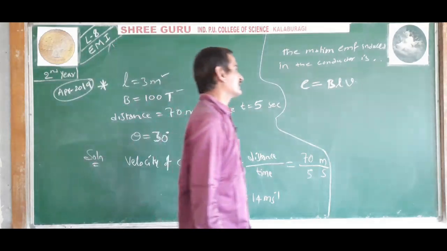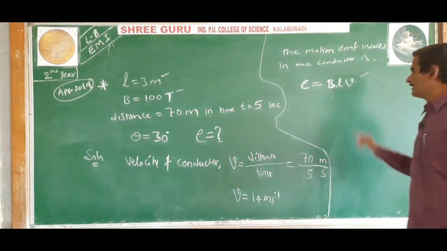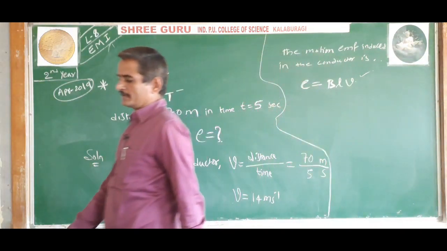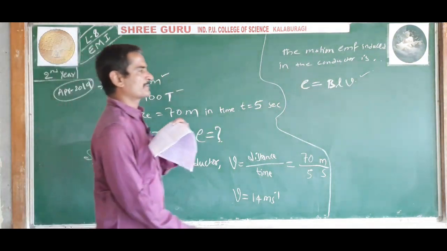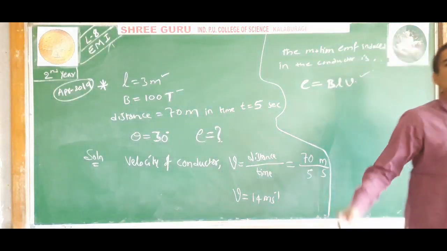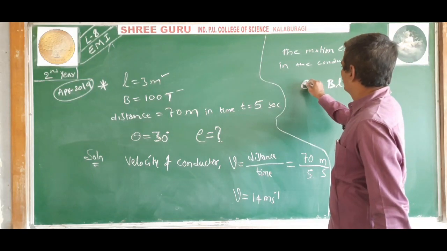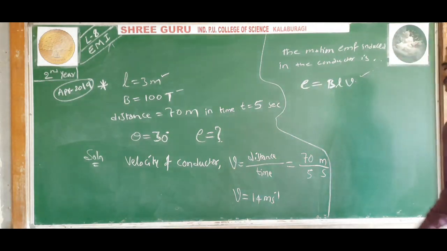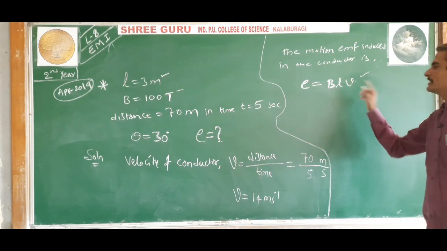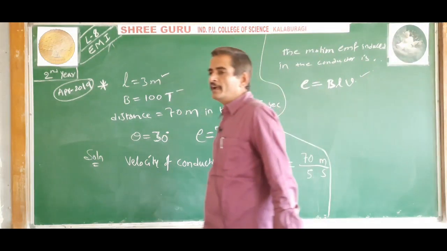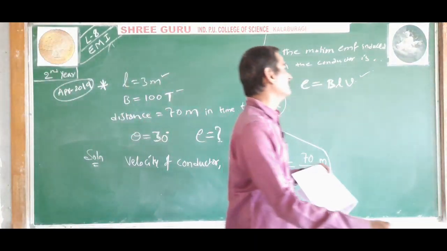And during the derivation, we have told that the velocity of the conductor is perpendicular to the magnetic field. If you want, you can once again go through that video. In that, while deriving this equation, that is motional EMF, we have derived only E is equal to BLV. And we have explained that the velocity of the conductor is perpendicular to the magnetic field.